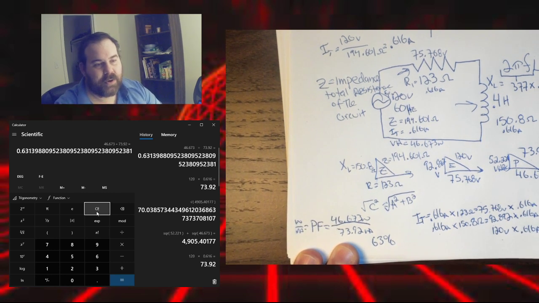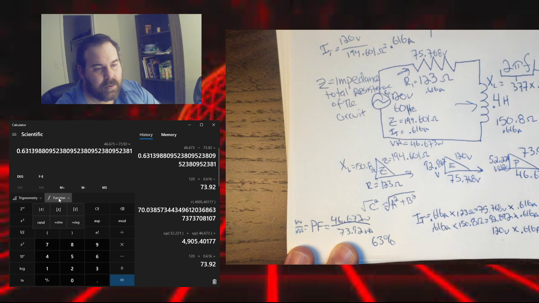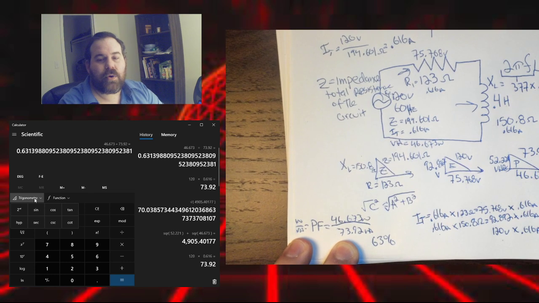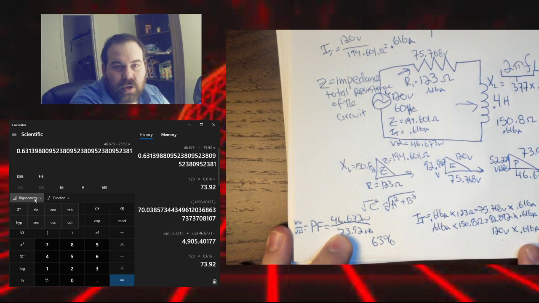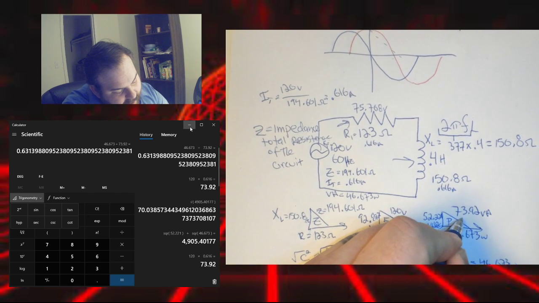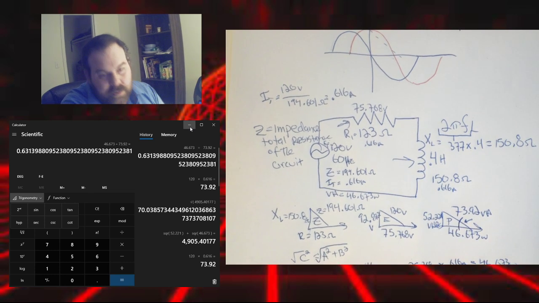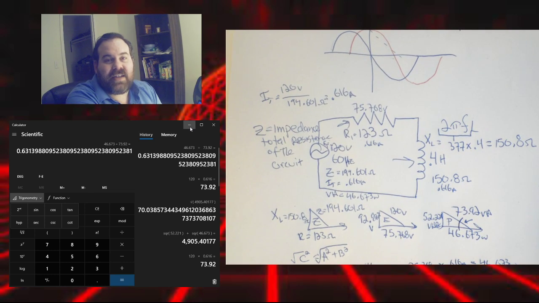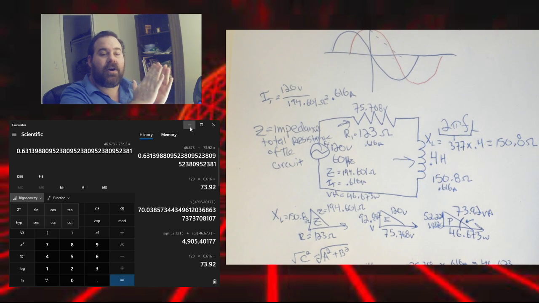And what we're going to do is find out the angle theta. Now, what's the angle theta? Our angle theta is this angle right here. And how relative is it to 90 degrees? The smaller the angle, the more efficient the circuit.